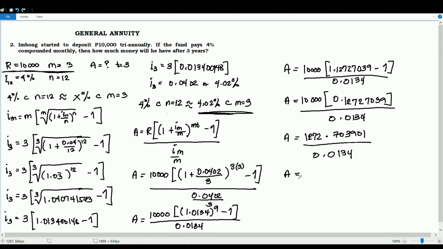Dividing the numbers, we have an annuity equal to 94,977.90. Thus, after 3 years, Imbong will have 94,977.90 pesos.